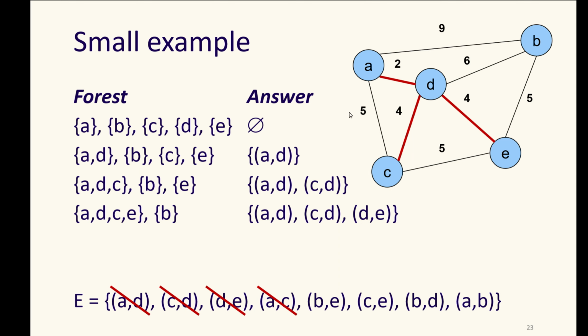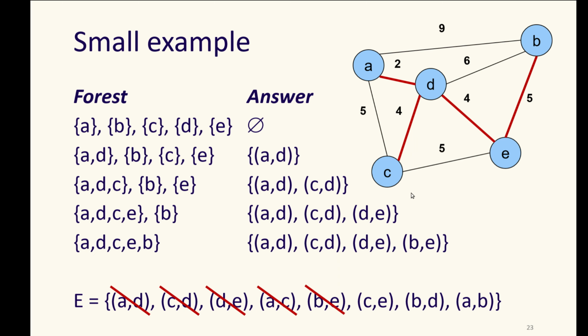We already know that it has higher weight, higher cost than the edges that we've used so far, and we know that A and C are already connected in our minimum spanning tree. If we introduced the AC edge into our minimum spanning tree, it would no longer be a tree. It would have cycles in it. So we ignore AC. We don't even have to evaluate whether it's lower cost than what we've seen already because we know it is. We know we did lower costs in the minimum priority queue before we got to that edge.